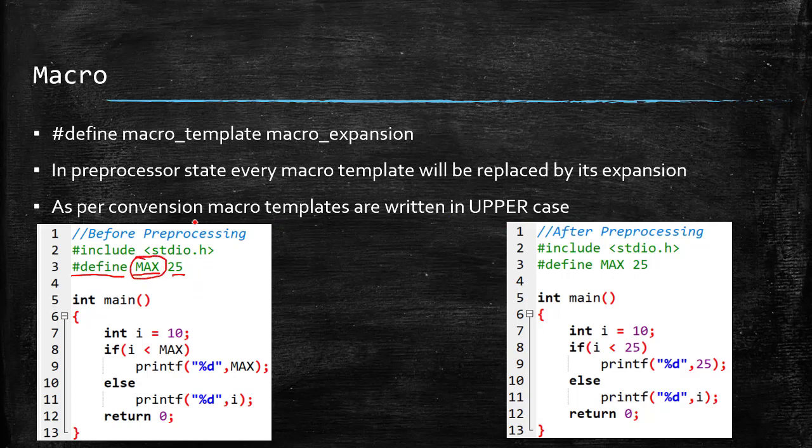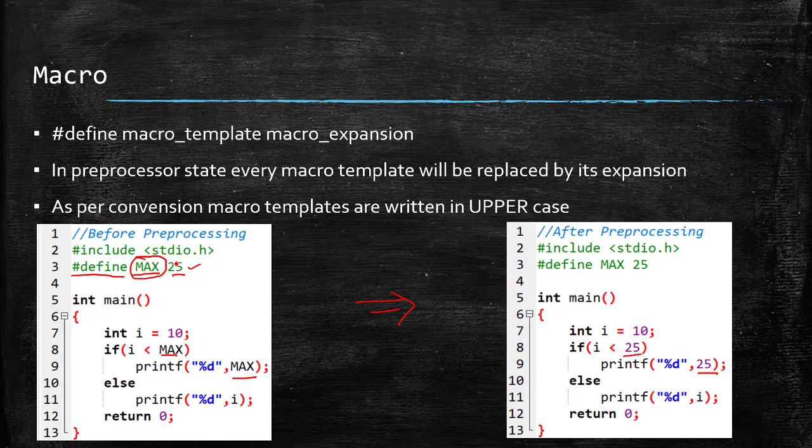Now, if this is the source code before pre-processing, we have used the macro template here and here, and by the definition each and every macro template will be replaced by its expansion, that is here the value is 25. Then after the pre-processing, MAX will be replaced by 25 and here the MAX will be replaced by 25.